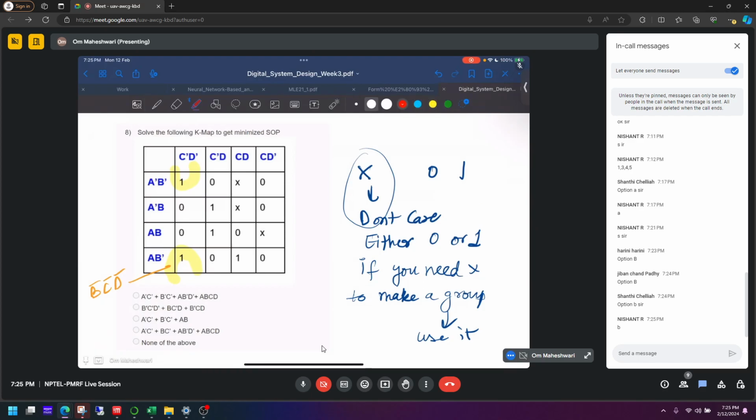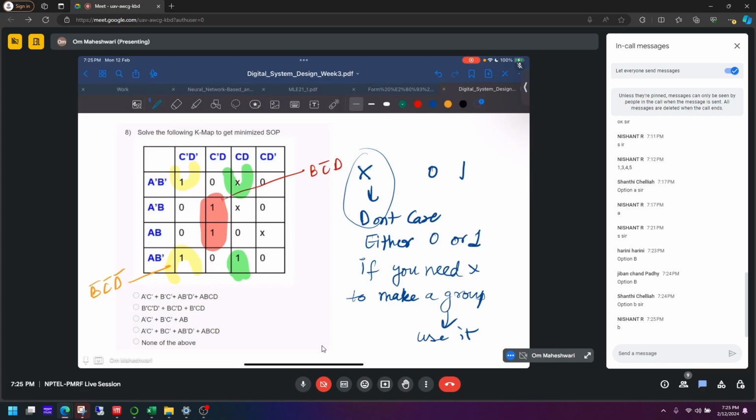Another you can make is this. This will be B, C bar, D. Then one you can make is this, right?